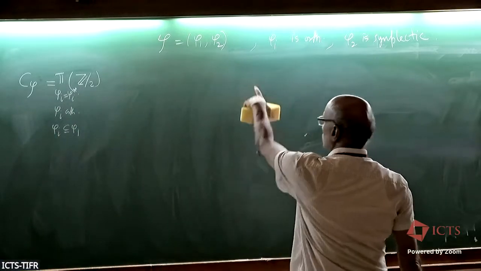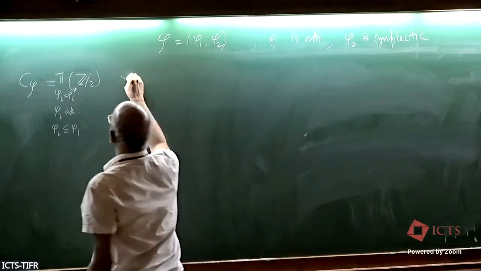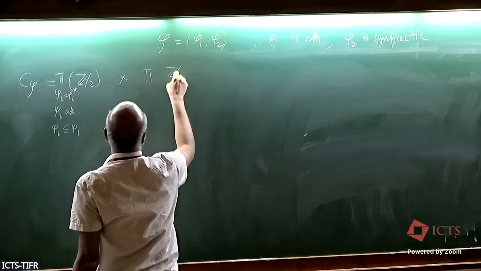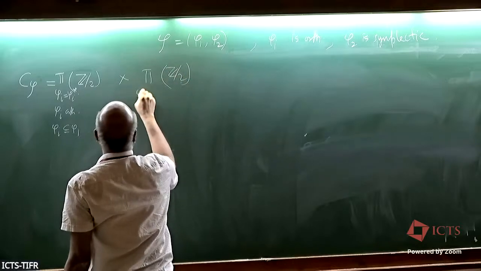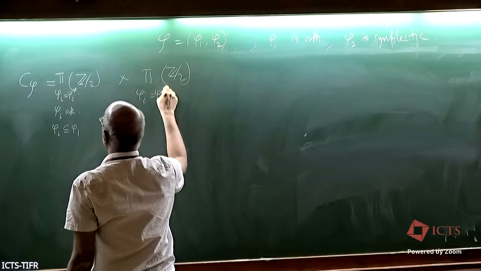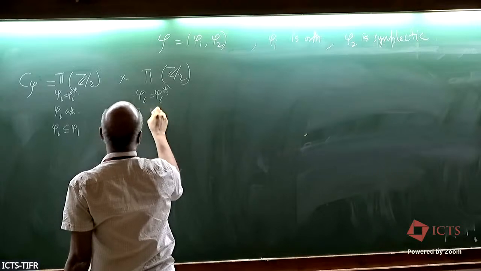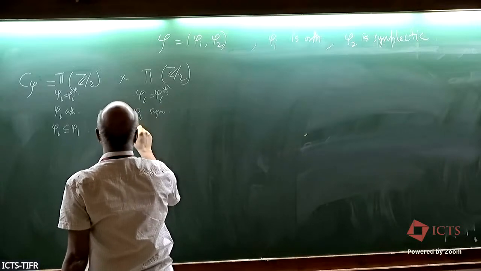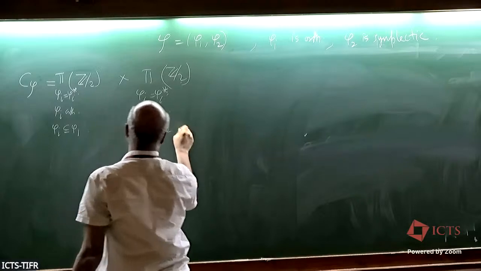That corresponds to phi_1, cross the product over Z mod 2, phi_i equals phi_i star, this time phi_i symplectic and phi_i contained in phi_2.